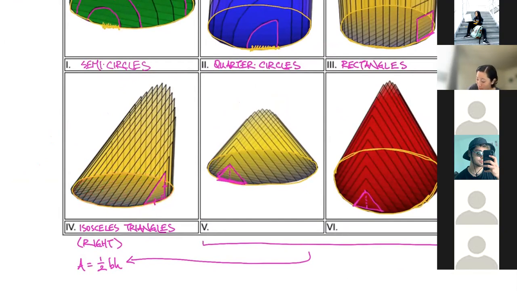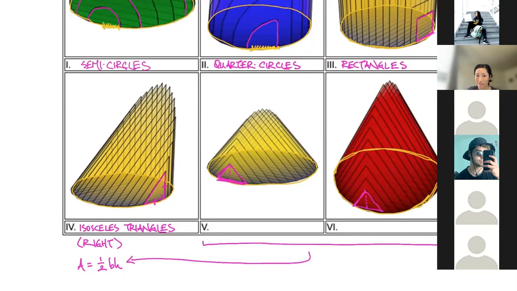And in other words, we could even say that that is the base of a triangle. But since it's isosceles, the base is actually the same as the height, right? So if we know the base, then we know the height.